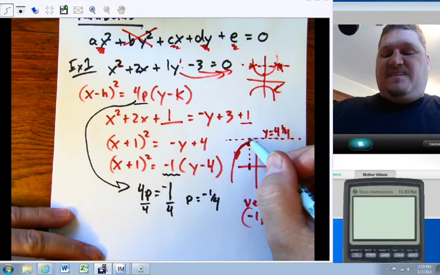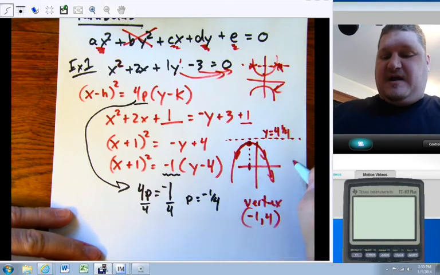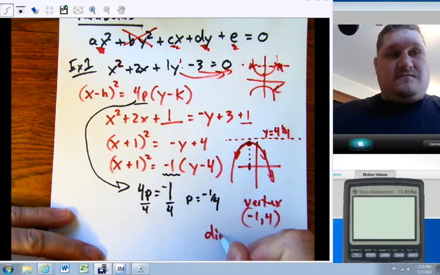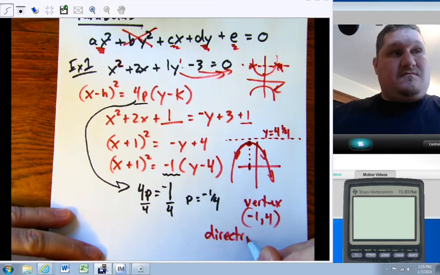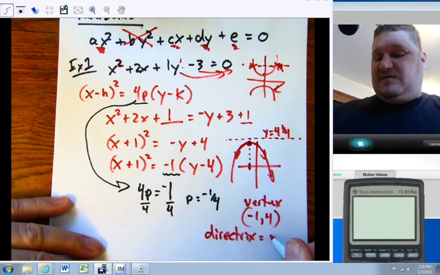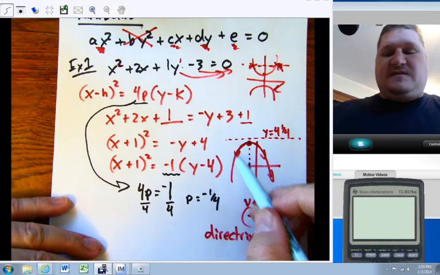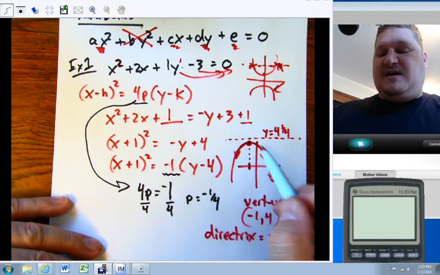This is called the directrix. The directrix is y equals 4 1/4. This is a line that the parabola will approach but not touch.